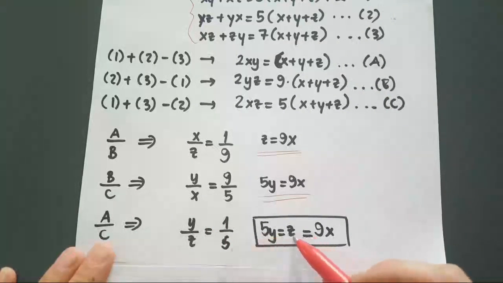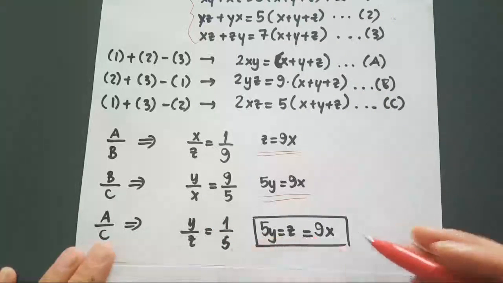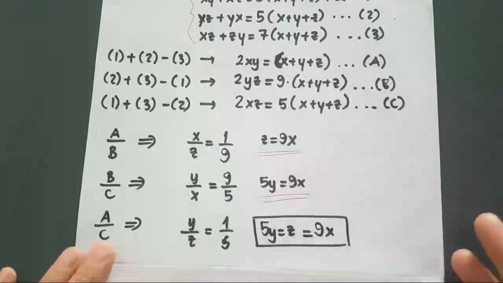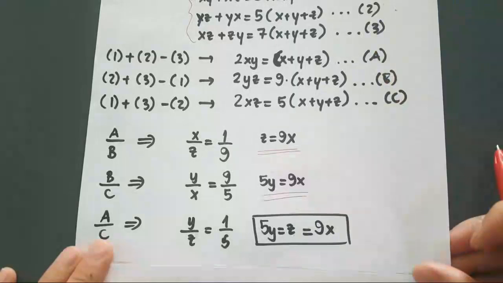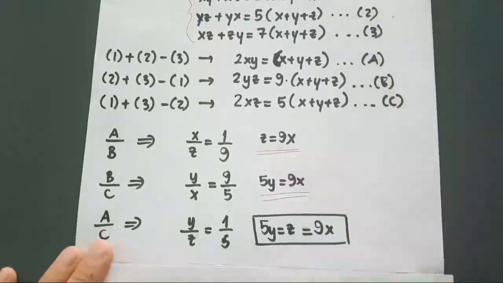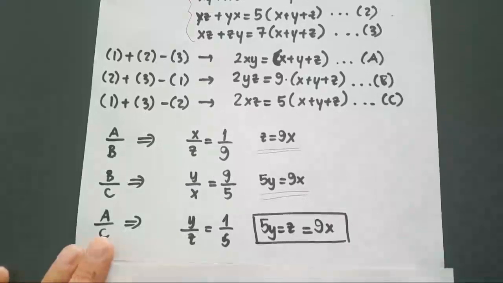So 5y is equal to z is equal to 9x. Any problem up until here? Damian? Is it clear?